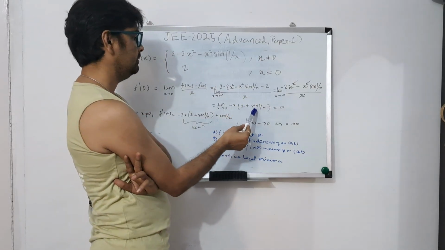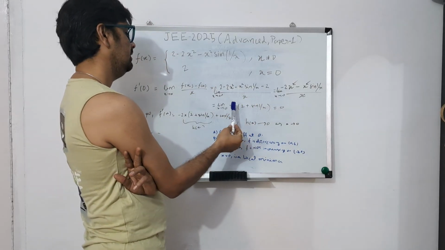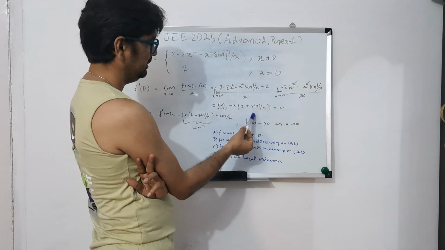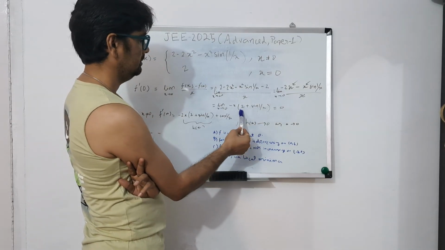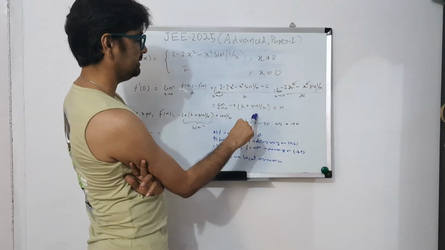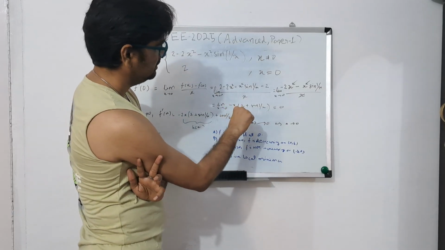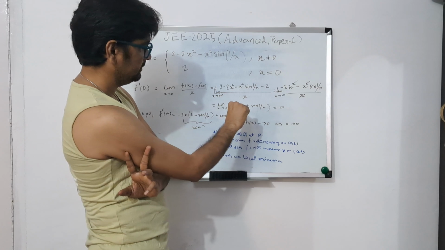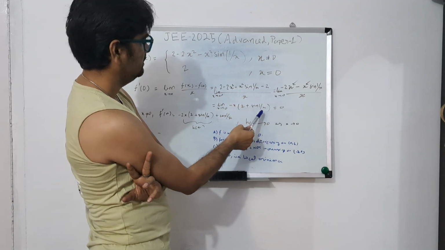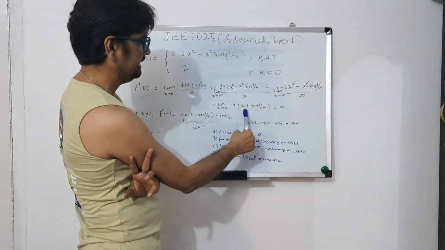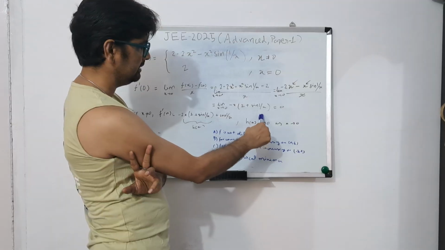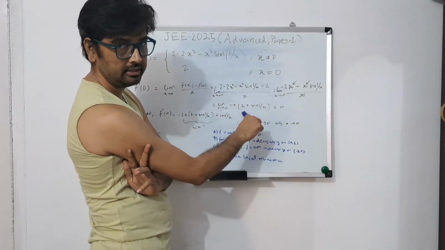So 2 plus sine of 1 upon x will always be greater than or equal to 1. So this expression is positive, but it lies within 1 and 3. This is a finite expression. It will never increase beyond 3.